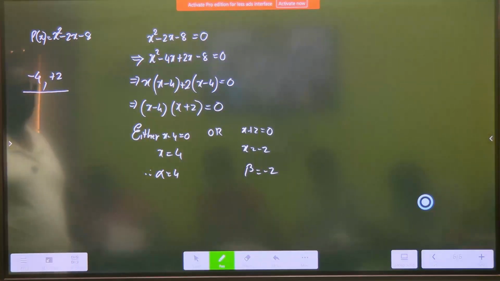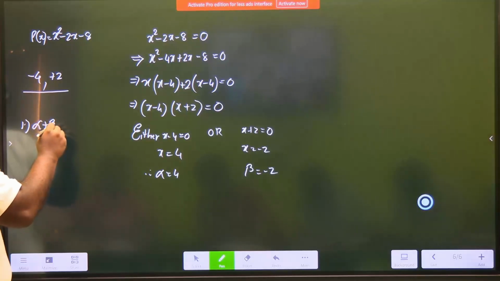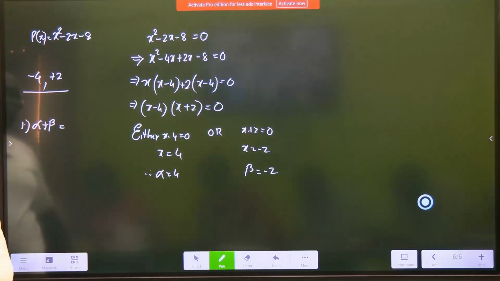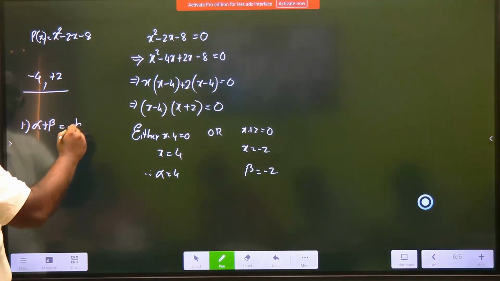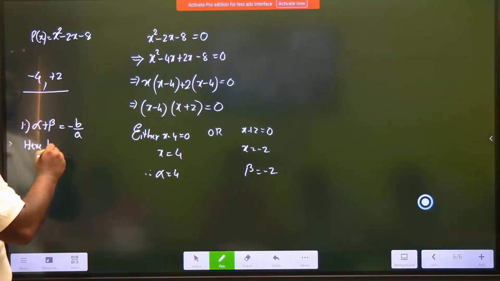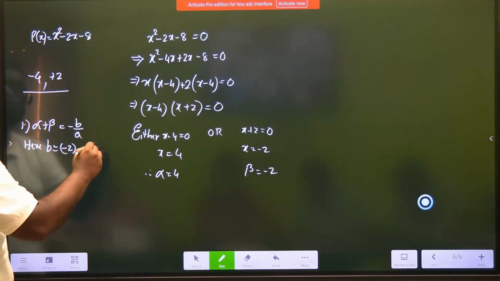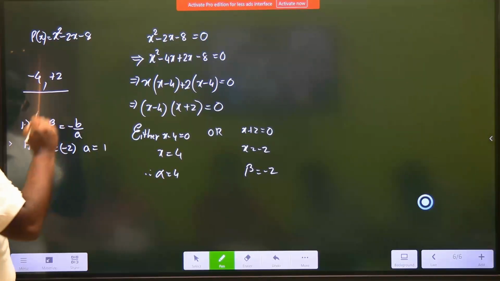Now we'll verify. The first verification is alpha plus beta. Alpha plus beta is equal to minus b by a. Here b is equal to negative 2, a is equal to 1.